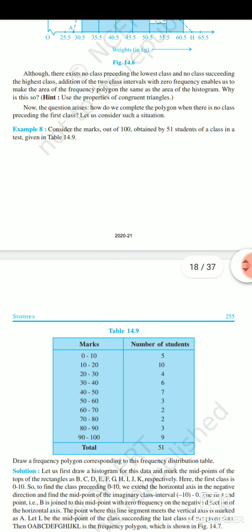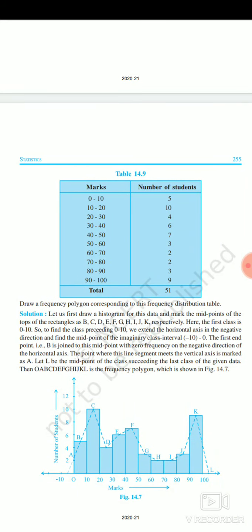Next, consider the marks of 51 students of a class in a test, given 0 to 10, 10 to 20. Everything is in continuous form, and there is no change in your class width. So you can start to draw the frequency polygon using your histogram.